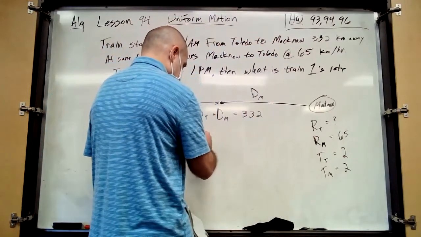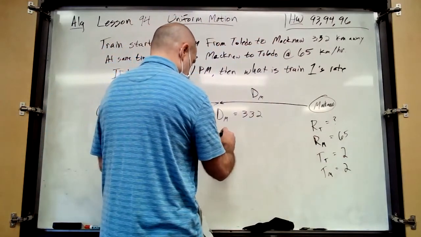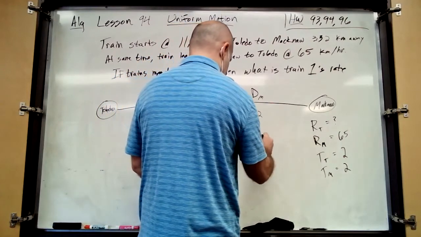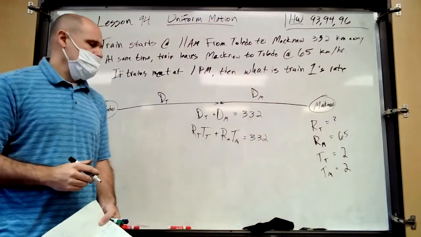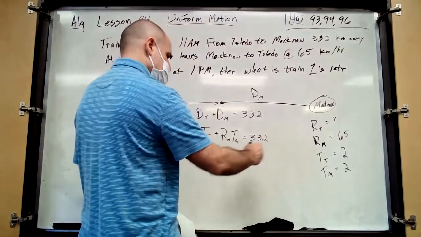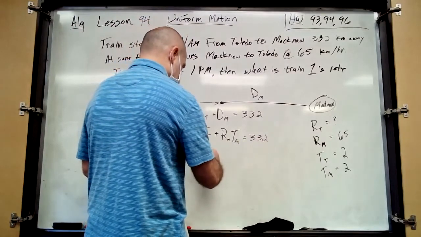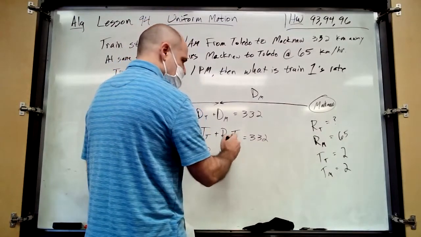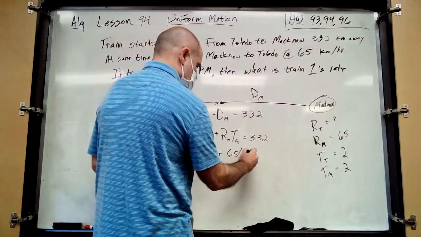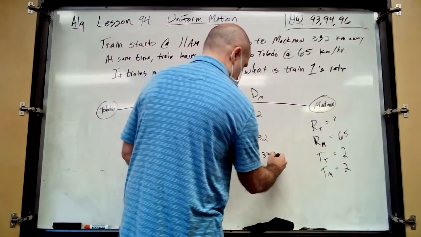So RT TT plus RM TM equals 332. What's RT? We don't know. That's the only one we don't know. But we know TT, it's 2. So I'm going to say 2 RT plus RM, which is 65, times TM, which is 2, equals 332.